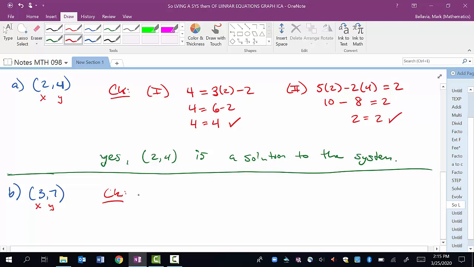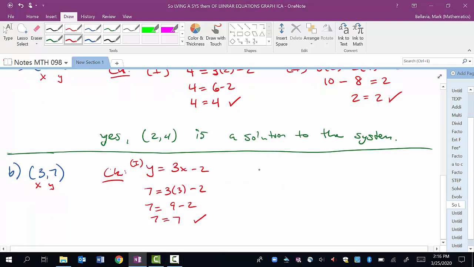Let's write it here so it's easier to see. This is equation 1. Then we would have 7 equals 3 times 3 minus 2. So 7 equals 9 minus 2, so 7 equals 7. It checks out.